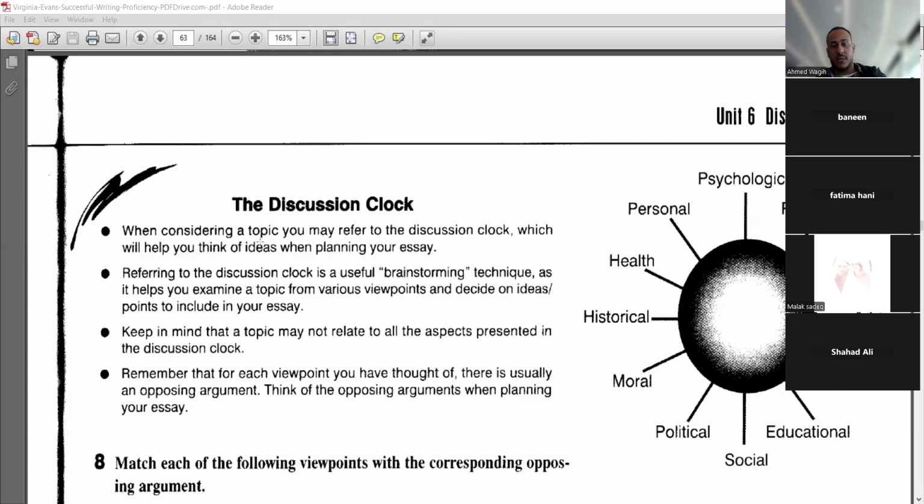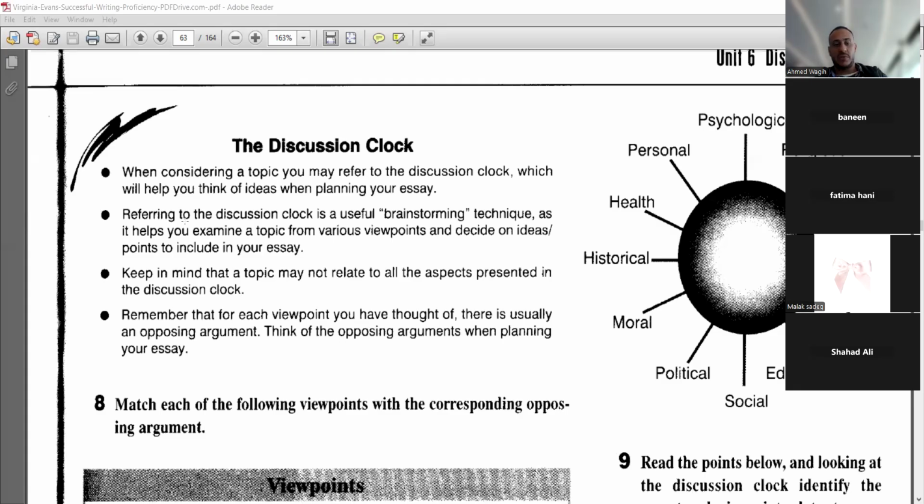When considering a topic, you may refer to the discussion clock, which will help you think of ideas and planning. Referring to the discussion clock is useful for brainstorming as it helps you examine a topic from various viewpoints and decide on ideas and points. Keep in mind that a topic may not relate to all the aspects presented, so you might be selective.